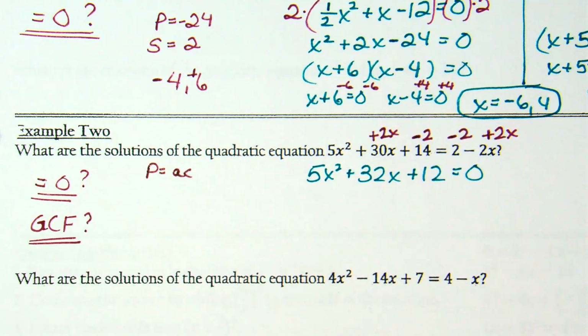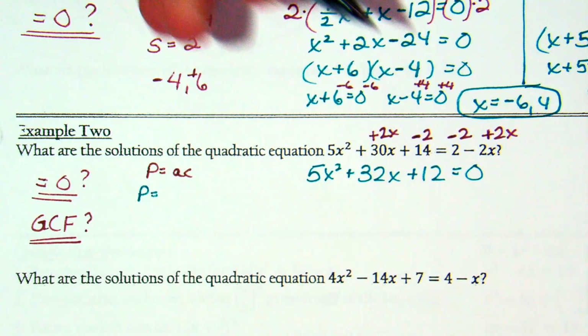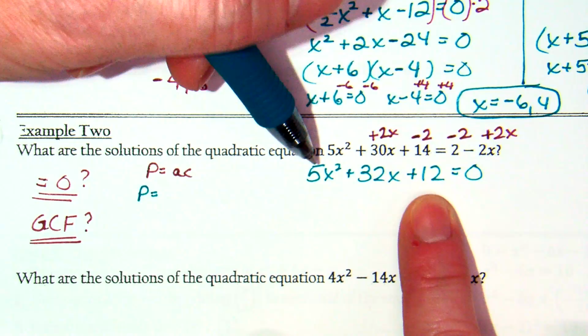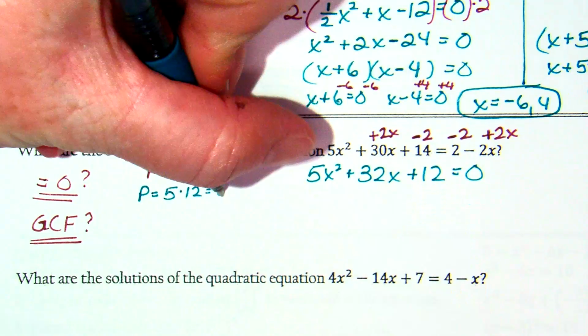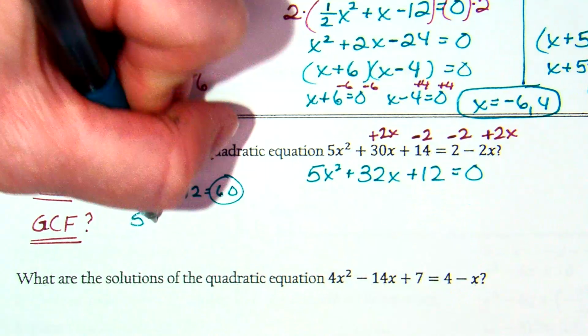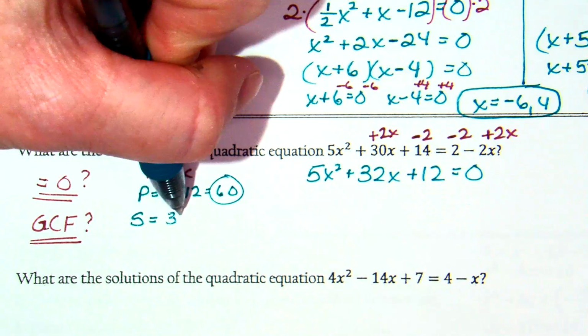But we have to use what I call the product of AC. Ethan's right in that this relates to the X method for Mrs. Rogers. If I say product of AC, that means I need a product of, in my case, A and C, 5 times 12, which is 60.